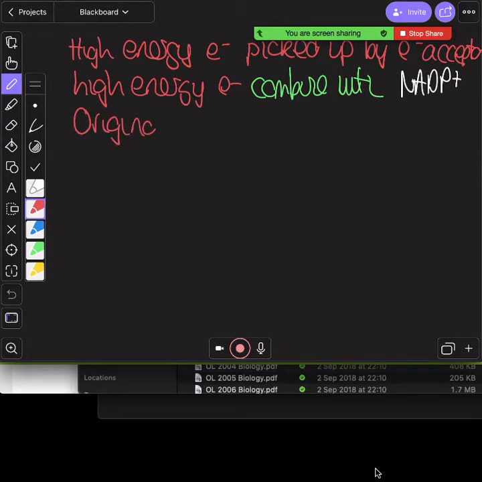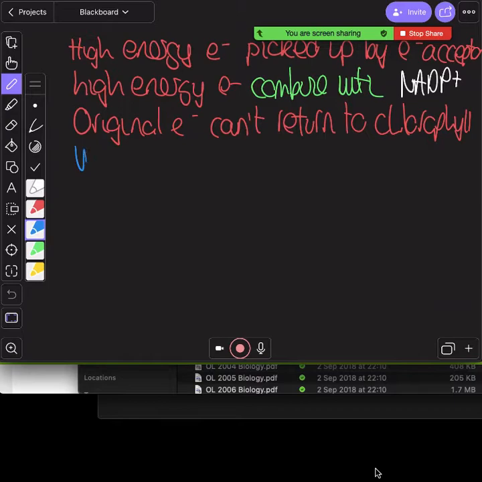So the original electrons can't return to chlorophyll. So water splits. It's called photolysis. Photo meaning light and lysis means to split.